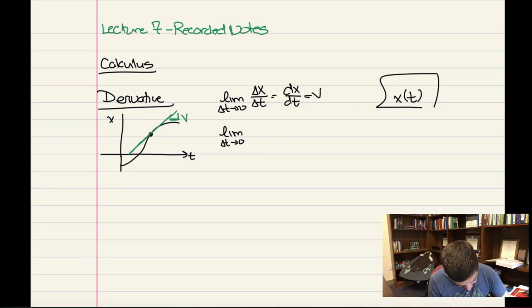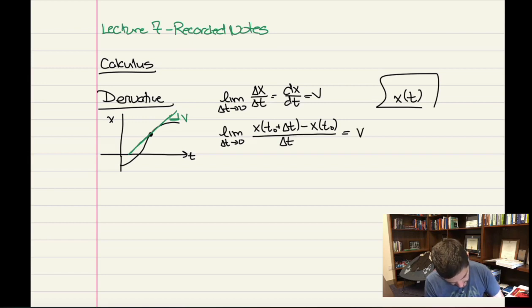You might see it written as x at t naught plus delta t minus x at t naught, all divided by delta t, and that is the velocity at t naught. So again, we're focusing in on some particular point in time, and we're essentially calculating the average velocity using that point and some point just to the right of it at t naught plus delta t. And as we let the delta t get smaller and smaller, we are finding the slope at that given location.